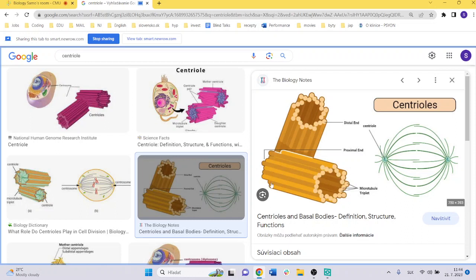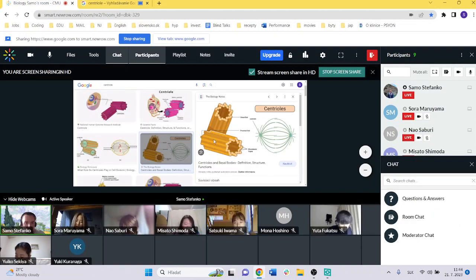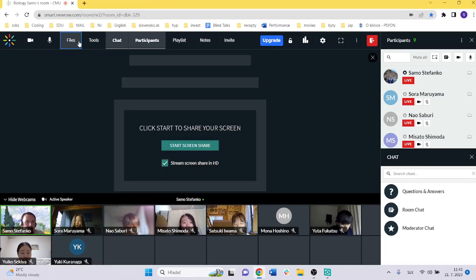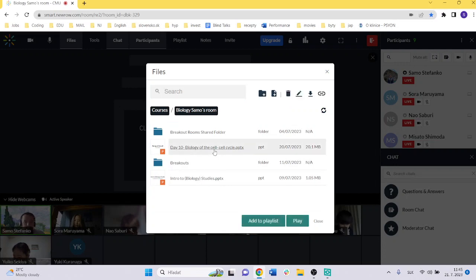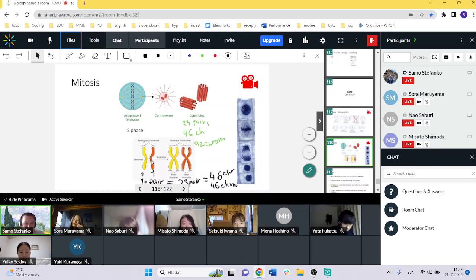This one thing is a centriole. Together, two centrioles make up a centrosome, which is already an organelle. And this organelle, the centrosome, contributes to cell division. So one is a centriole, two centrioles together make up the centrosome, and the centromere is the spot on the chromosome where the spindle fiber attaches.